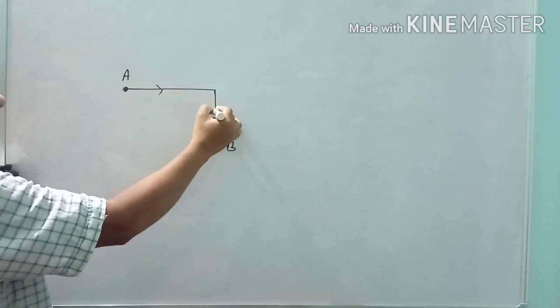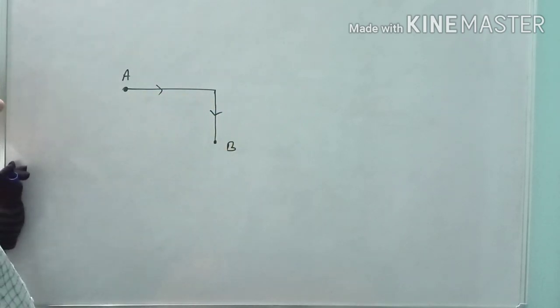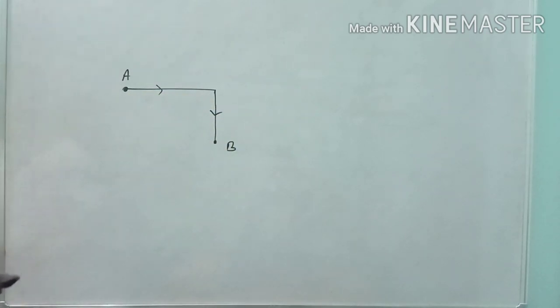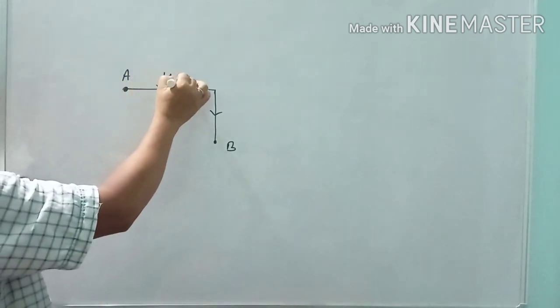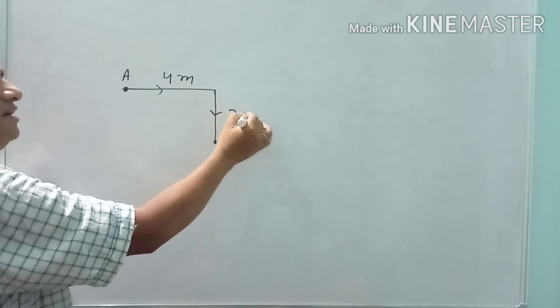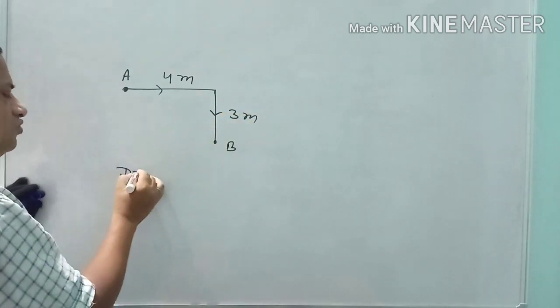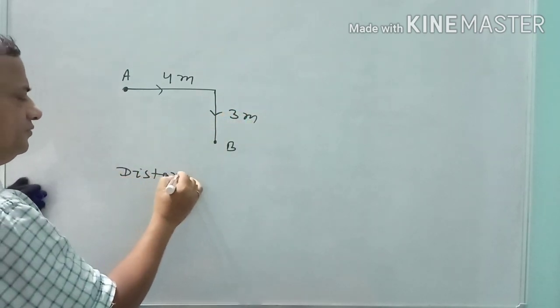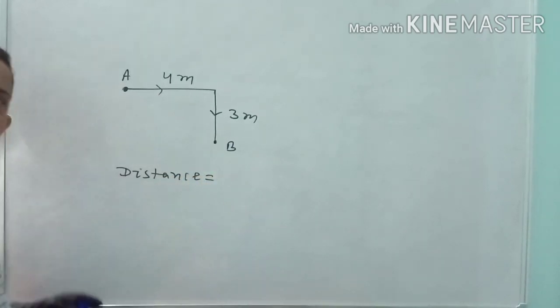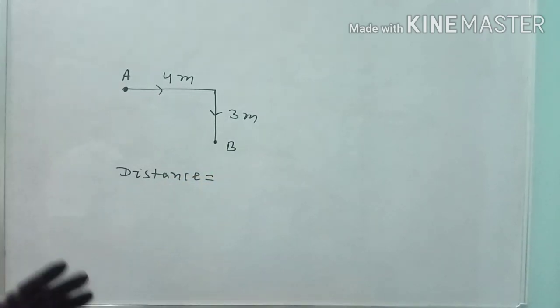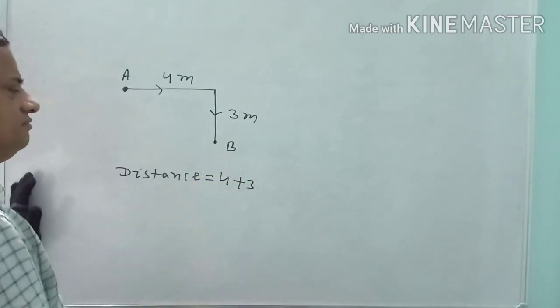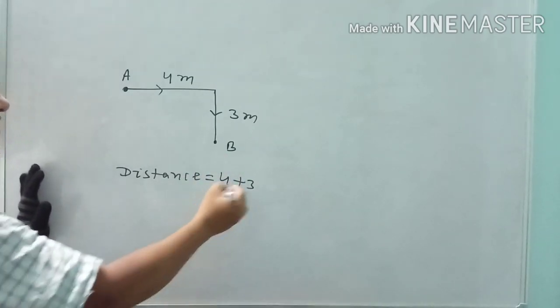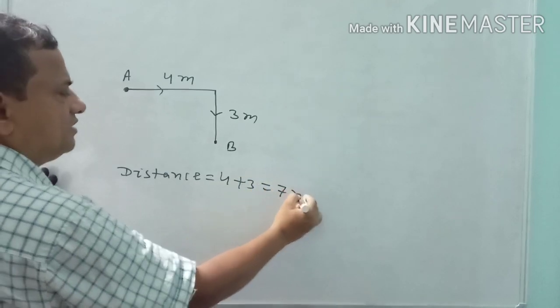You move like that, A to B, and you are told to find out distance and displacement. Suppose this is 4 meter, this is 3 meter, so distance will be the actual path. You just add all, that is 4 plus 3. So distance is 7 meter.